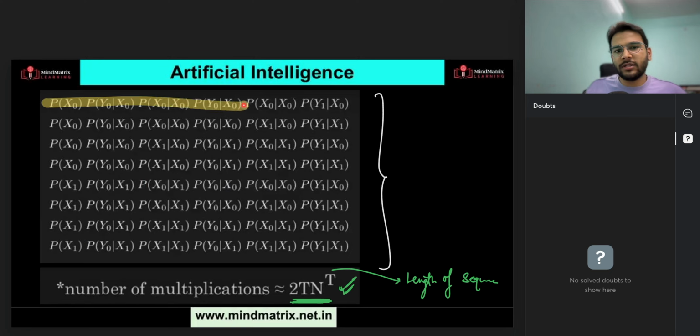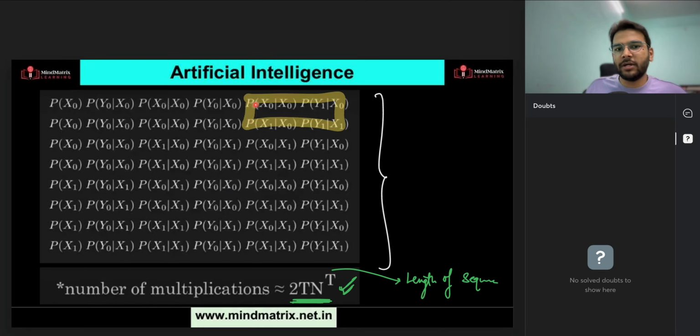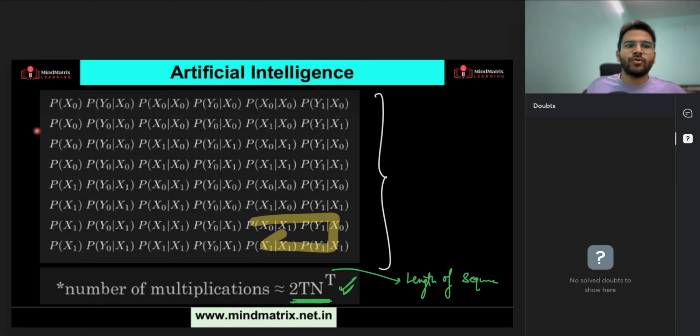Similarly, if I focus on this thing, these two are also the same. Similarly, these two parts are also the same. So there are multiple repetitions. Why do so many multiplications?